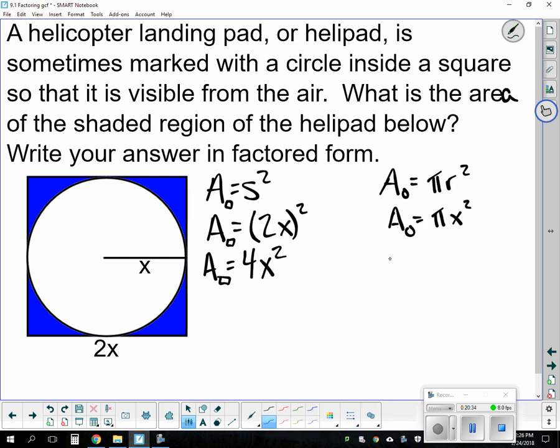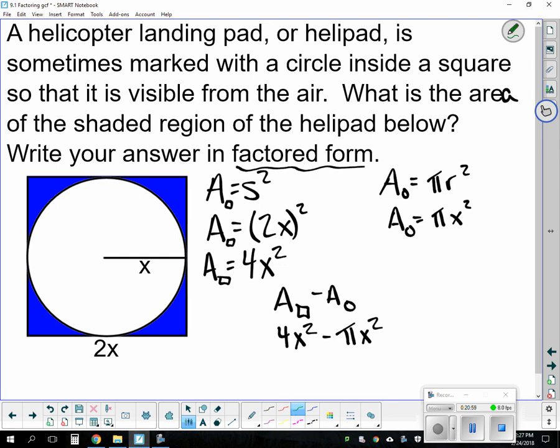Okay. So if I take the area of the square minus the area of the circle, I would have the area of just the shaded region. The area of the square is 4x squared. The area of the circle is pi x squared. Now that's my answer, but they want it in factored form. So how do I factor this? I've got to look for a common factor.